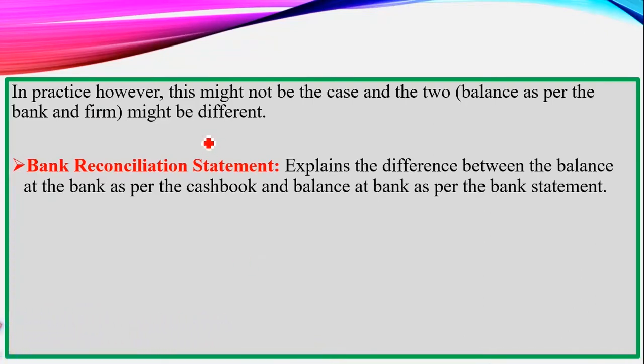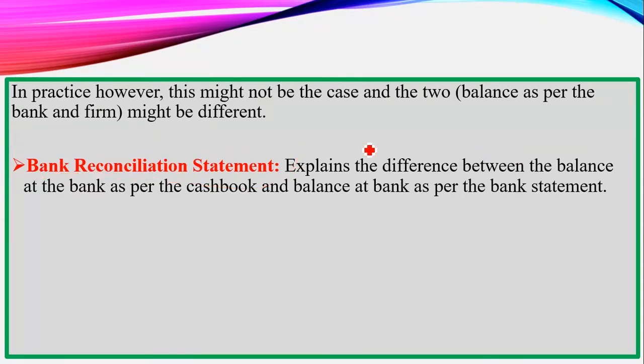And now that brings about what we call a bank reconciliation statement. A bank reconciliation statement is a statement that is supposed to explain the difference between the balance at bank as per the cash book and the balance at bank as per the bank statement.